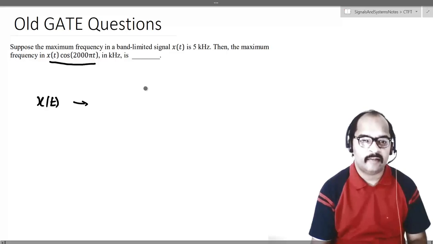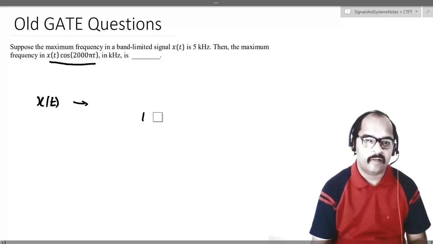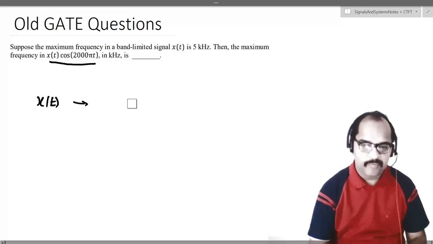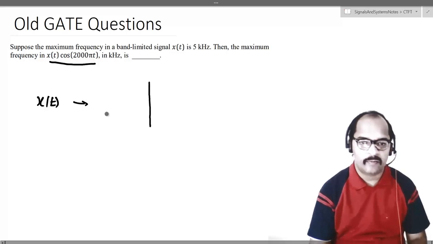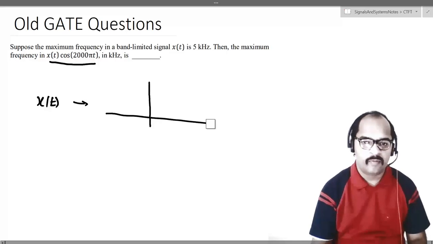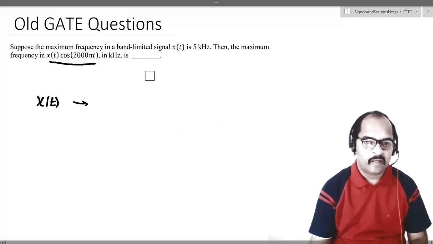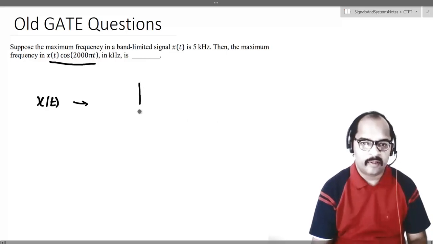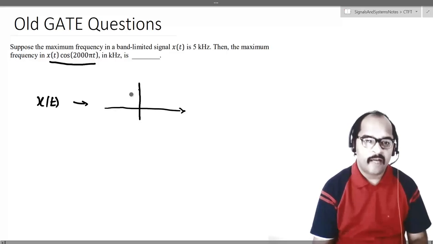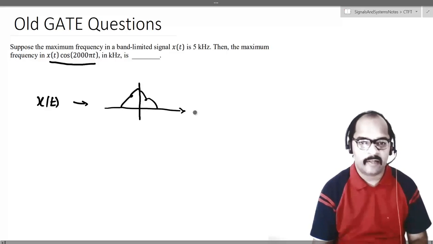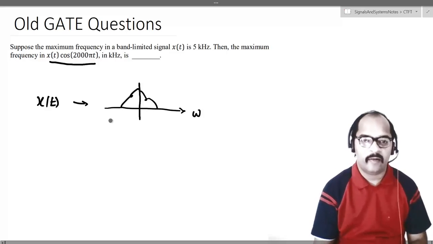5 kilohertz. So let us try to draw the corresponding Fourier transform. We don't know the shape, so let's assume this is the shape of the Fourier transform, and this is in the omega domain.